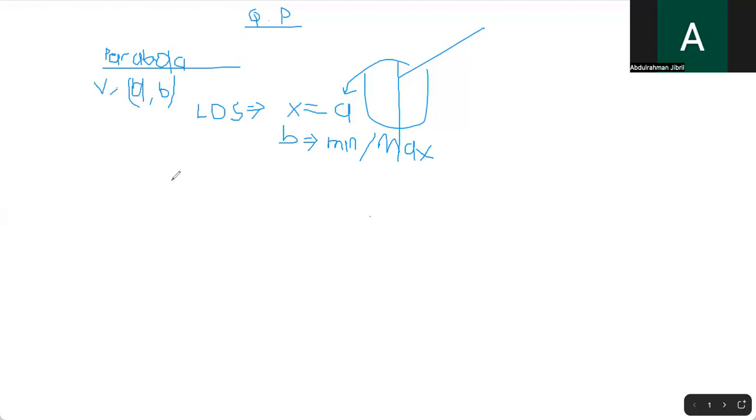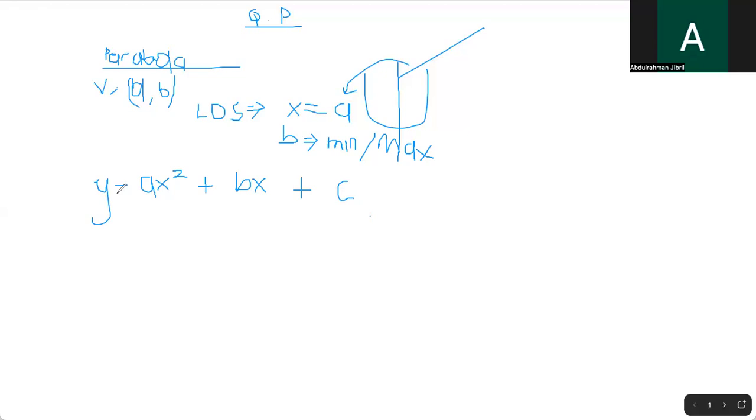When we are given the equation of a parabola in the standard form, ax squared plus bx plus c equals y.